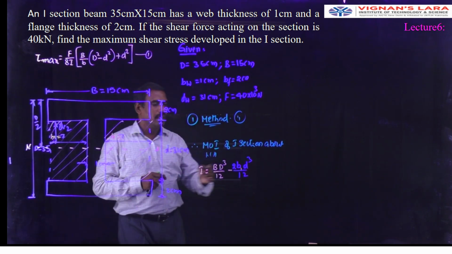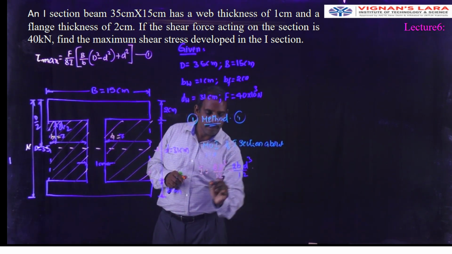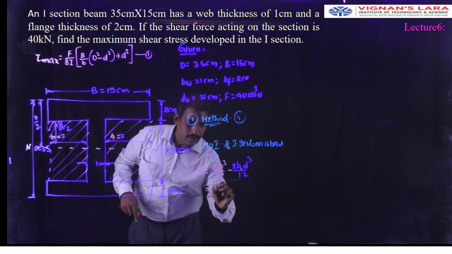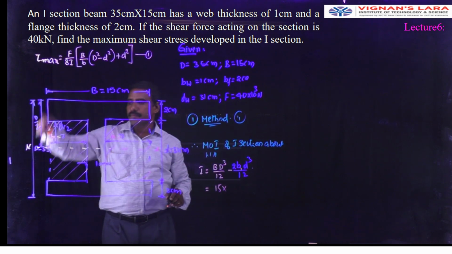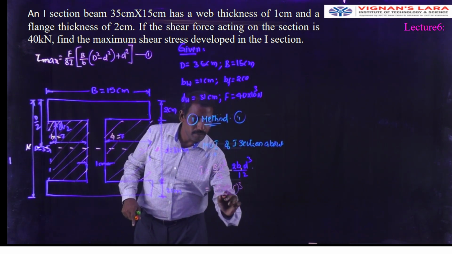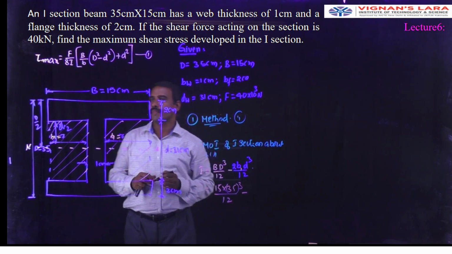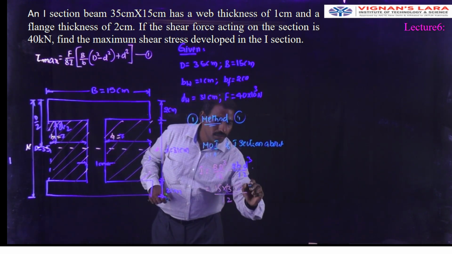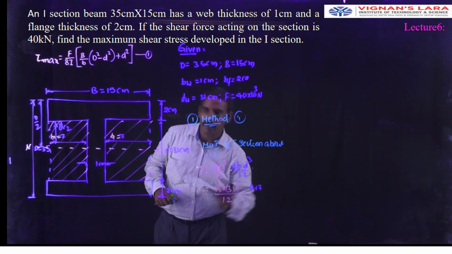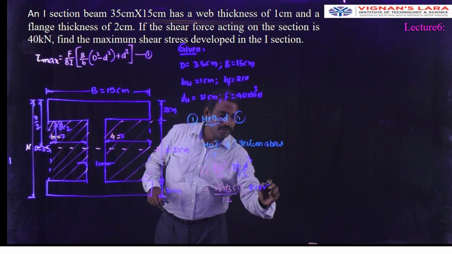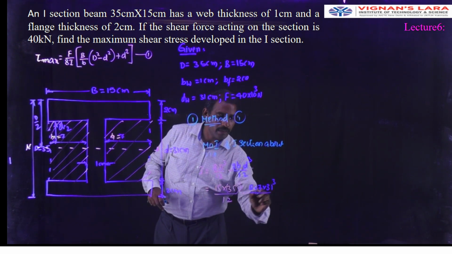Finally, capital B is 15 and capital D is 35, so 15 into 35 whole cube divided by 12, minus 2 into b1, which is 7, into the depth of the web 31, whole cube by 12.